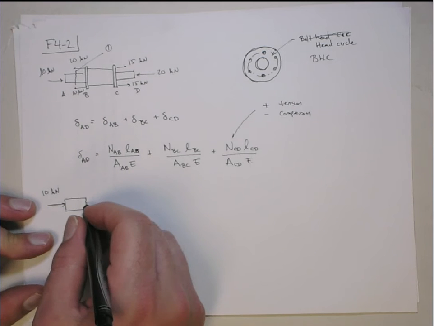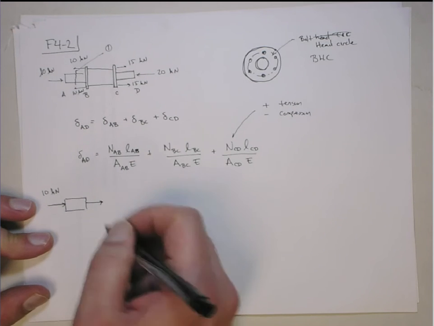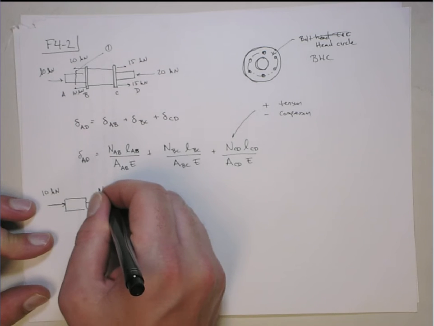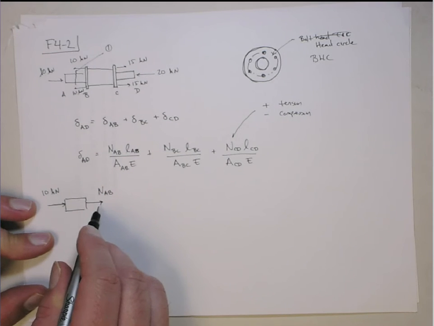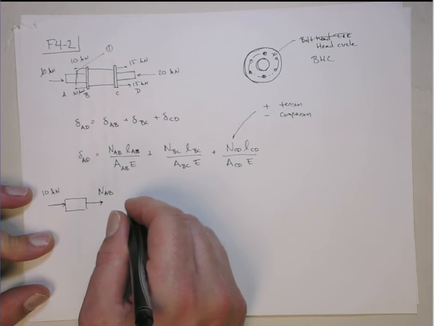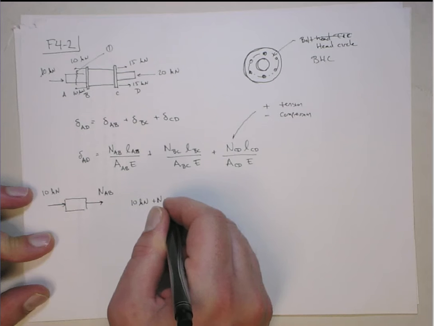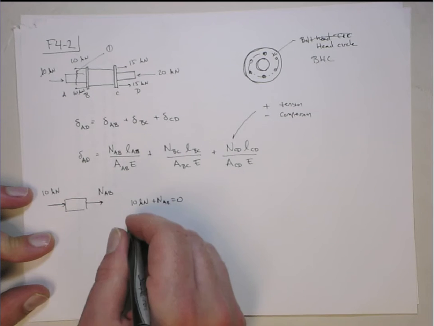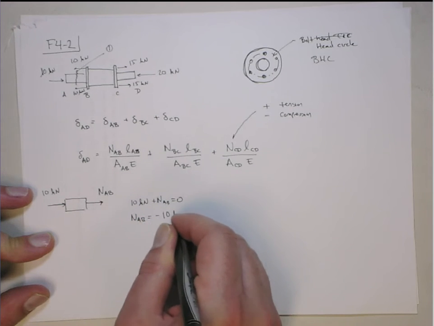So here's the internal reaction force, NAB, and we always assume positive tension. So that gives me the force acting to the right. So when I do the sum of forces, I have 10 kilonewtons plus NAB equals 0. So that gives me NAB is minus 10 kilonewtons.